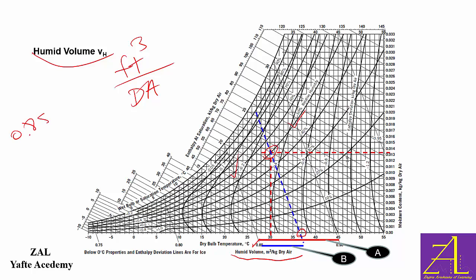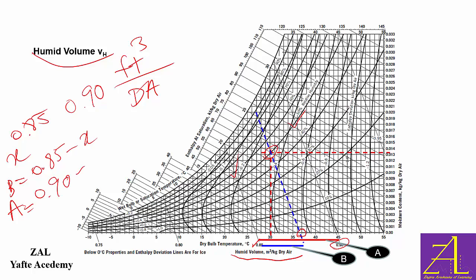I know that this is 0.85, and I know this line is 0.90. So the humid volume, assume it's x, is somewhere between. As you see, the distance b is 0.85 minus x. Distance a is 0.90 minus 0.85. So I have distance a and distance b.